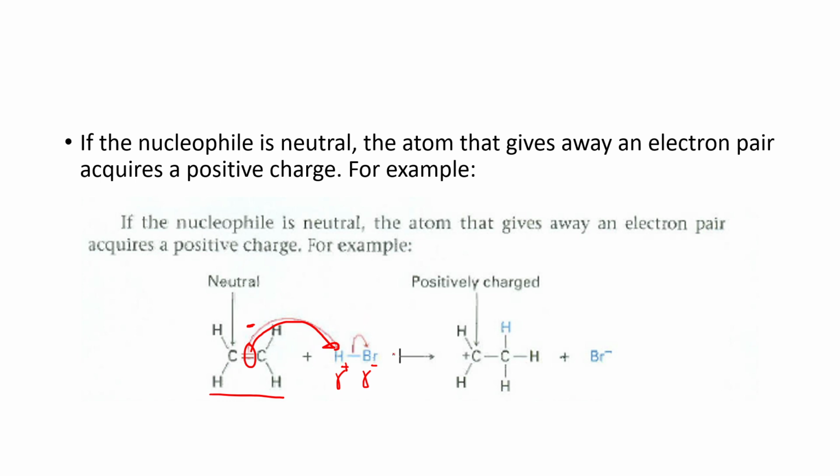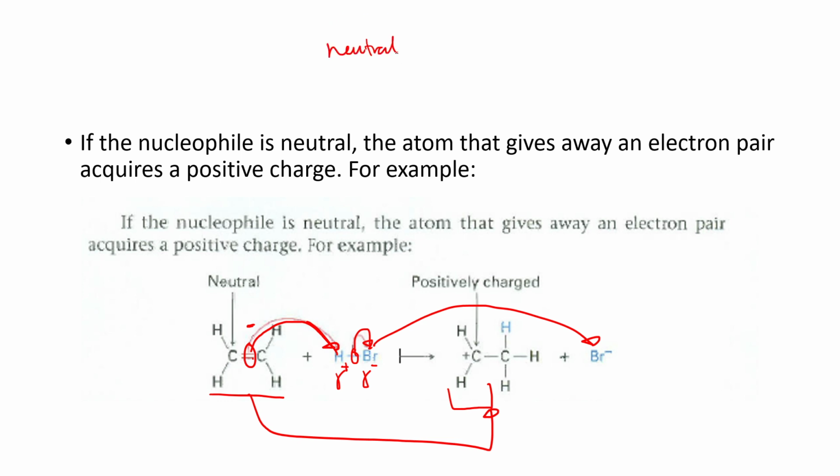When it grabs hydrogen, this one will form. And bromine, again, when this bond breaks, the electrons will move towards bromine and form a bromide ion. So what happened to this structure? This structure now becomes slightly positive. So neutral plus positive, you have positively charged.